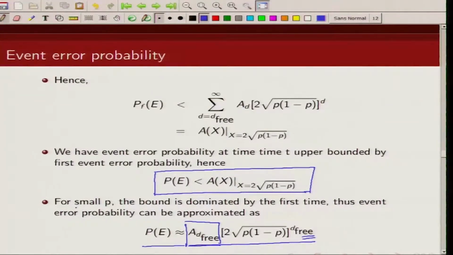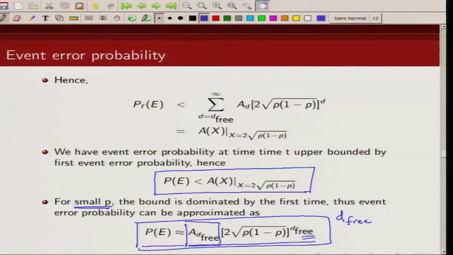So, in the case when p is very small, this bound is dominated by the first term, which is the term corresponding to d free, and in that case we can write down an approximate expression for probability of error like this.